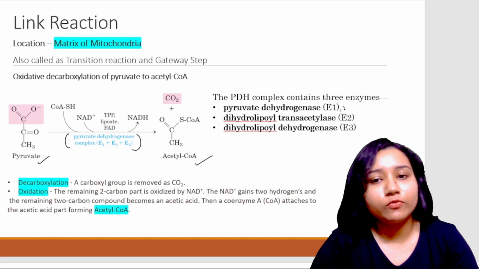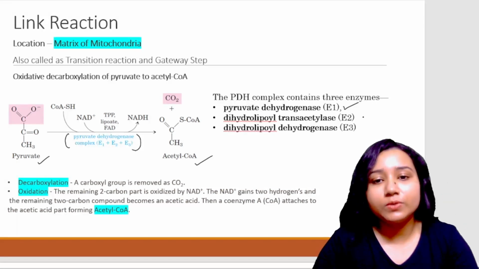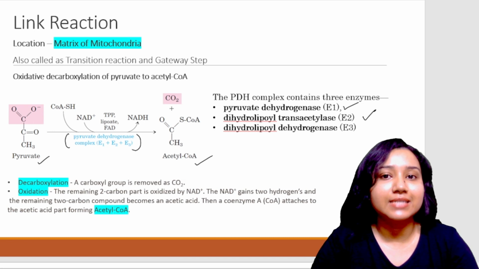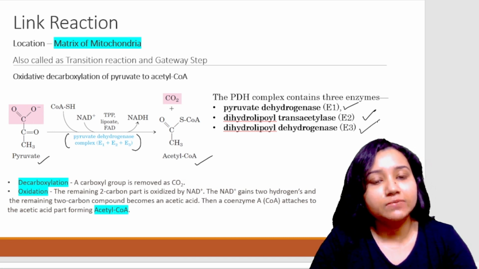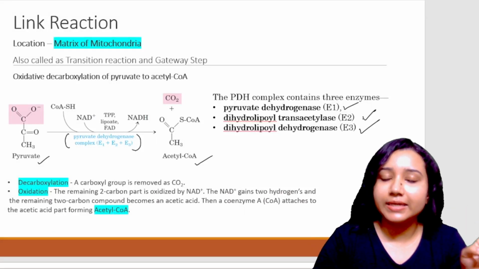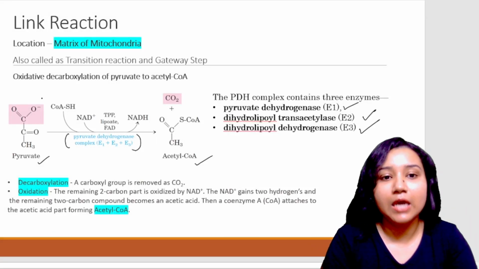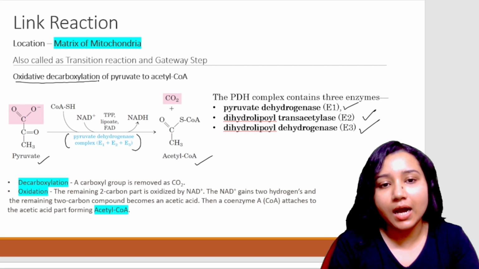What are those? Pyruvate dehydrogenase E1, dihydrolipoyl transacetylase E2, and dihydrolipoyl dehydrogenase E3. So here these three enzymes are taking part, and we will see oxidative decarboxylation.